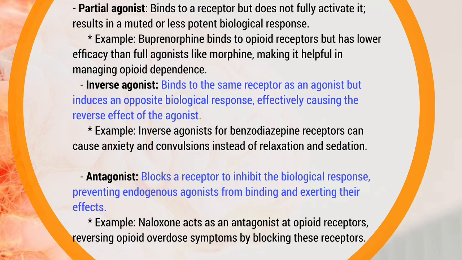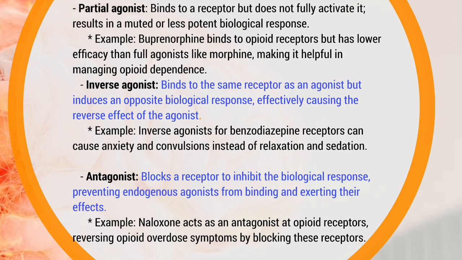So it does affect the receptor, but not as much as a full agonist. For example, buprenorphine binds to opioid receptors but has lower efficacy than a full agonist like morphine, making it helpful to manage opioid dependence.